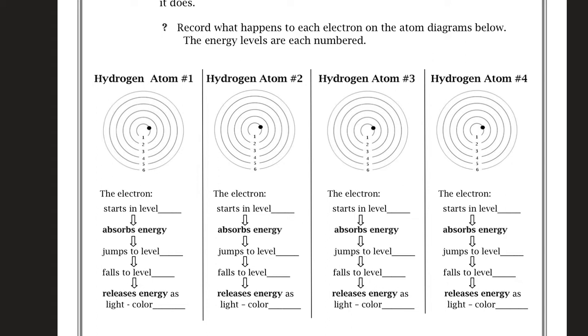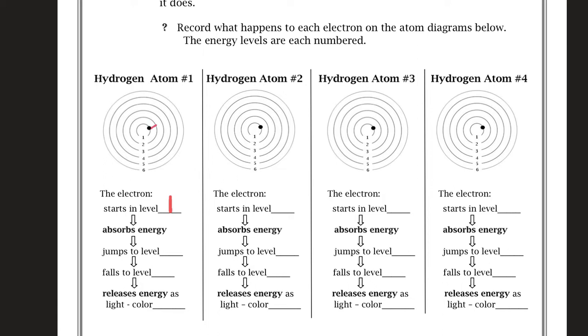So we're going to look at hydrogen atom number 1. It's starting in energy level 1. Now, if I throw, let me just pause this for a second. All right, so we have an electron that's in energy level 1. It absorbs energy, and when it does, it's going to jump to level 3.